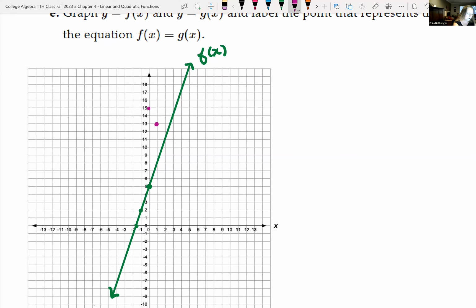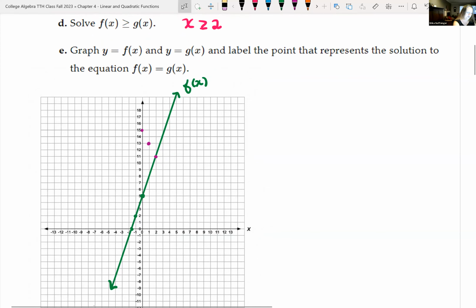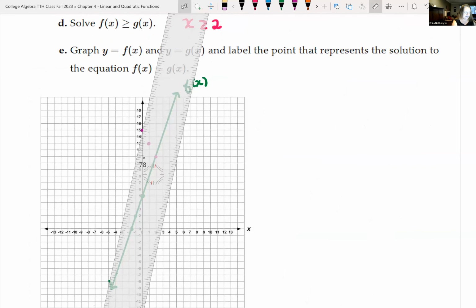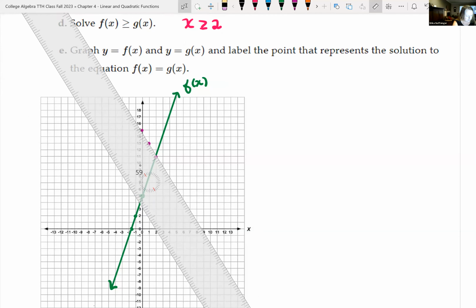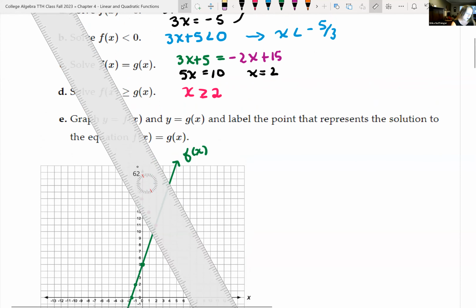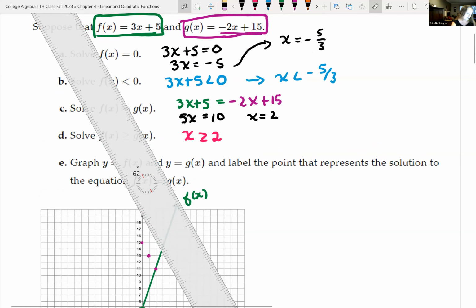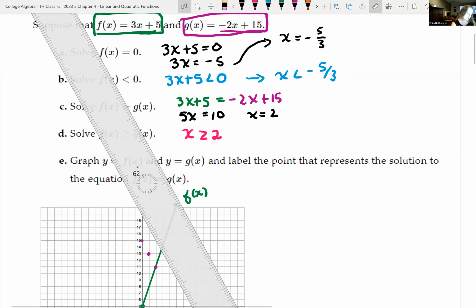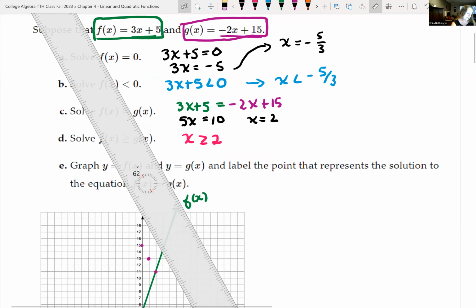Fall 2, over 1 to the right. So graphing this. And we saw that the y, did we solve that one for x? No, we didn't.